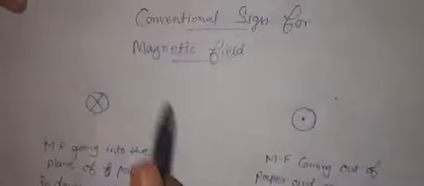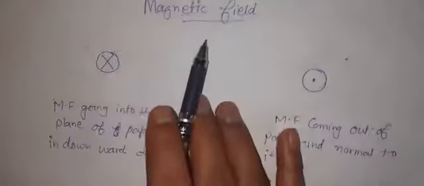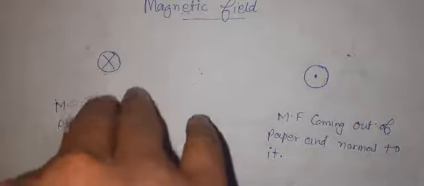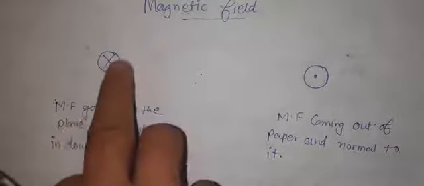This is the conventional sign used for the magnetic field: when it is entering perpendicular to the surface of the paper, it is the cross sign, and the dot sign if it is coming out from the paper, just like this fingertip which is showing outward movement.